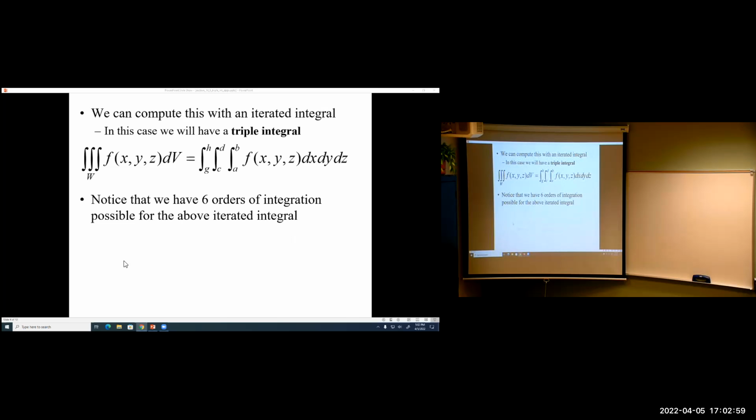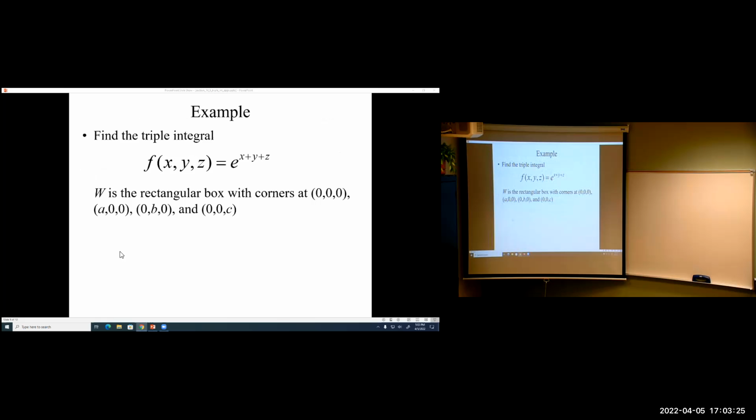Adding to what makes these a little bit trickier, because there are three levels, there are 6 possible orders we could go in: dx dy dz, dx dz dy, and so on and so forth. I'm not going to go through all of them, but we have to be careful. We want to be very intentional about how we choose our order, and that's what we're going to look at. So I'm actually not going to do this one. We might look at it later if there's time.